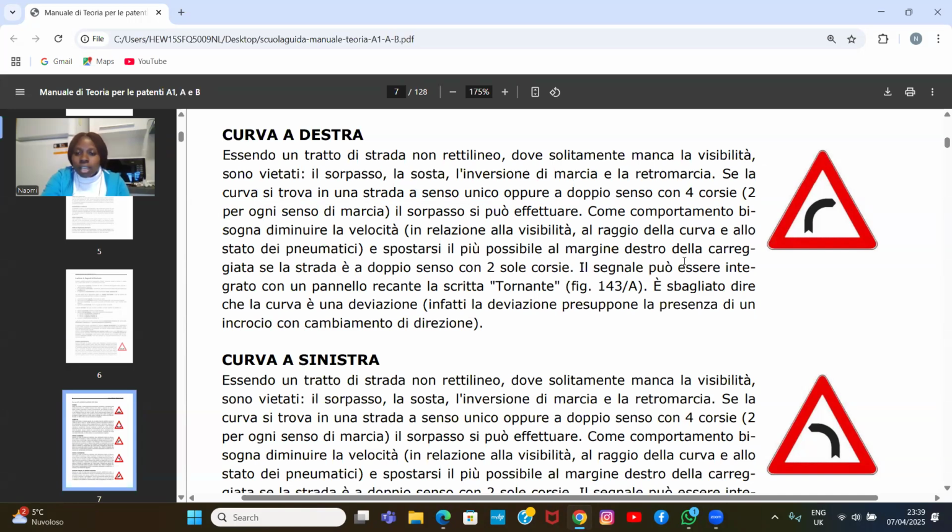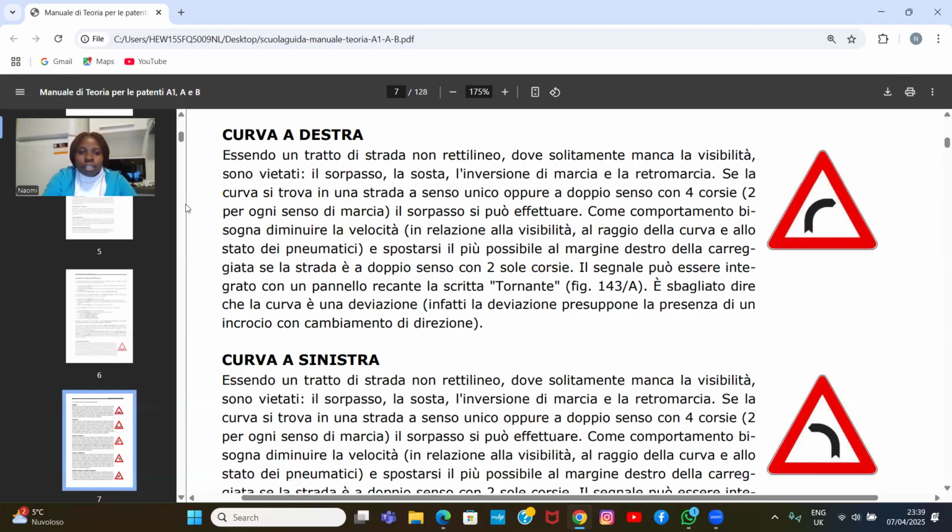These signs have everything in common, that is why we are taking them simultaneously. The first one is curva a destra, curve towards the right-hand side. And the second one is curva a sinistra, curve towards the left-hand side.